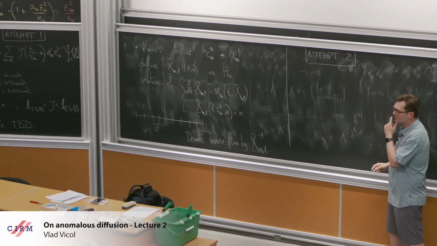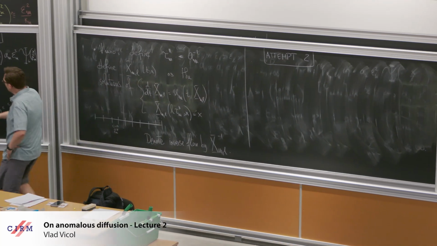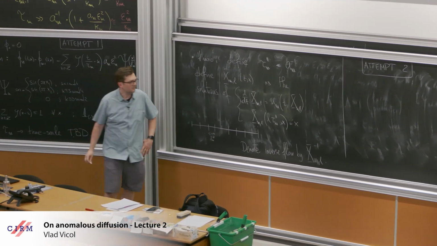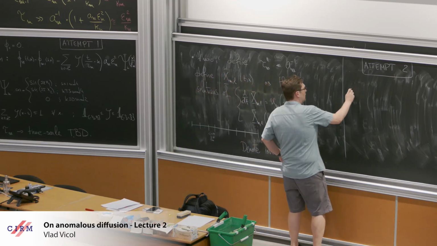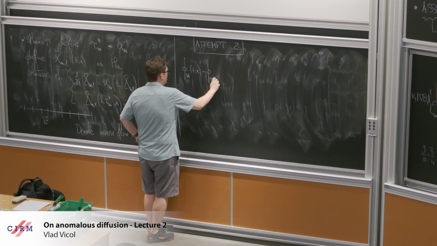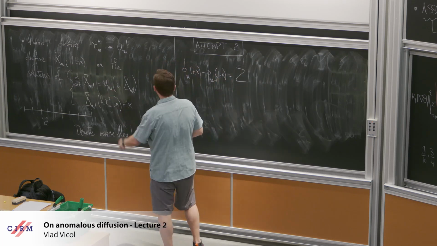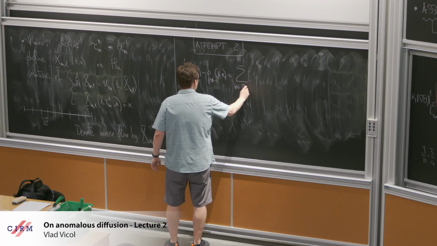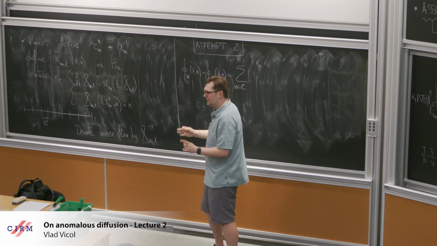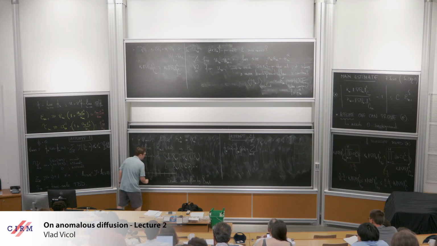And now go back to this attempt and change it. So you still want to define a stream function increment, you still have that sum, but now you need another sum over this l here, okay?